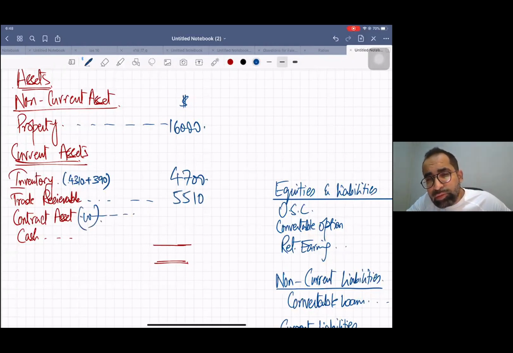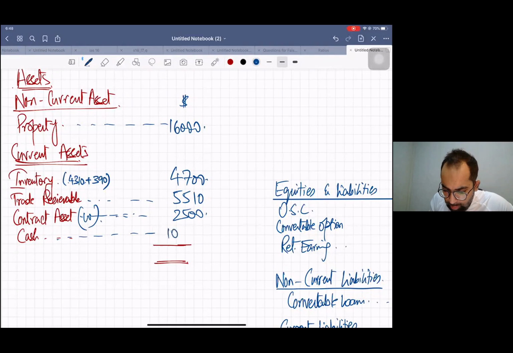Hope you remember IFRS 15 adjustment number 2. Contract asset of 2500. I calculated it for you. Okay. And finally, cash you have to take from the trial balance, this is 10320. So tell me the total. Come on, add it up.